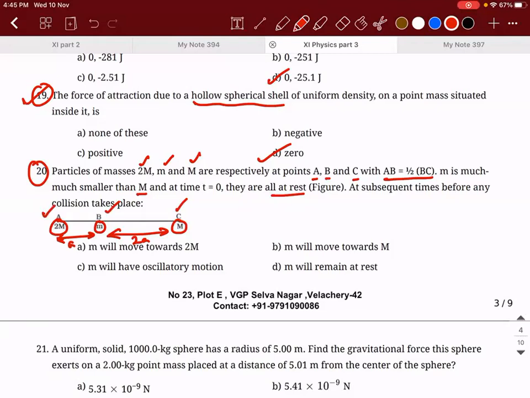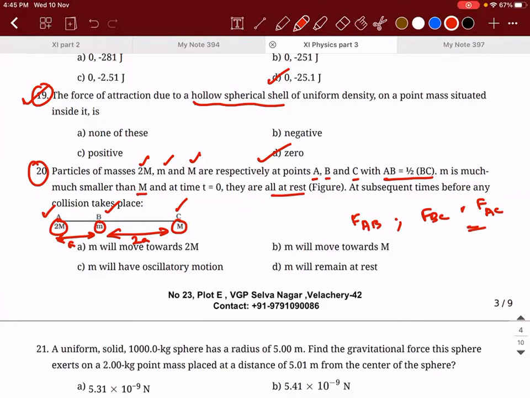So how do they calculate it? Sir, we have to use gravitational force here. You have to use Newton's law of gravitation and see which one will dominate. Okay, so you will calculate FAB, you will calculate FBC, you will calculate FAC, all these things you will calculate. Then what you will do is, what are they asking?